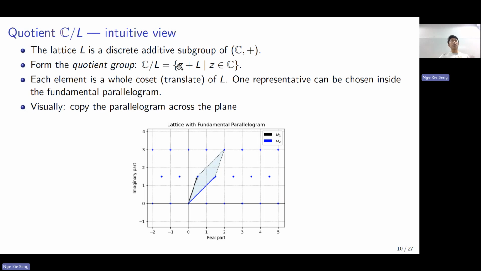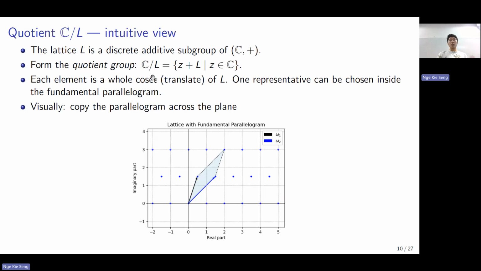Points in it will be equal to points on the complex plane, with the points of the lattice as the modulus. If we consider the unique elements in this quotient, they will lie in a parallelogram. We call this parallelogram the fundamental parallelogram.